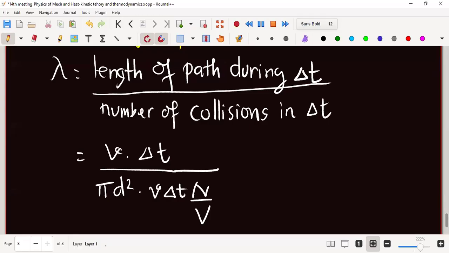So it's equal to 1 divided by pi d square per volume. This equation is only approximate because it's based on the assumption that all the molecules except one are at rest.